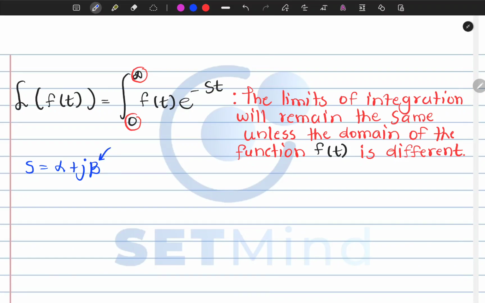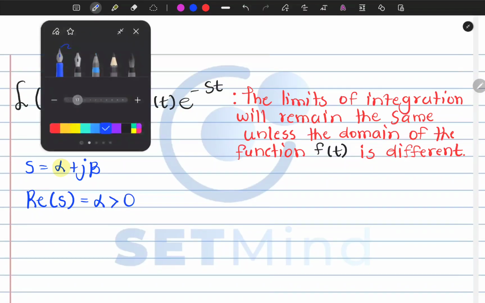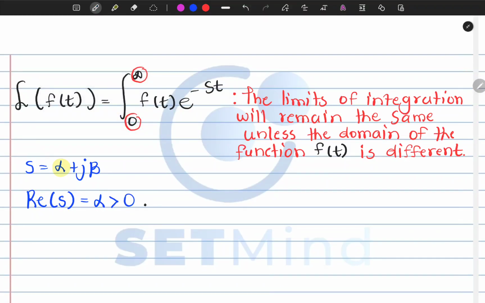What is very important as we do our integration is that the real part of s, which will always be alpha, we've done complex numbers, is assumed to be always greater than 0. This is an assumption which we always make.